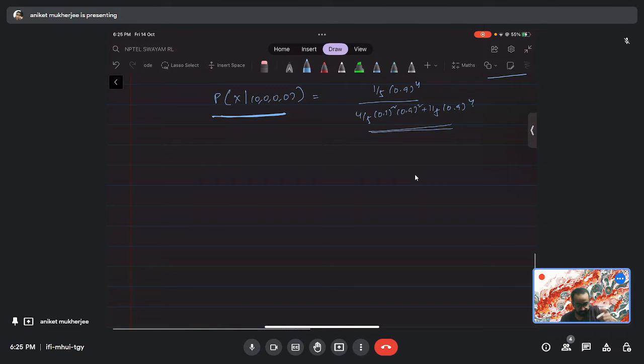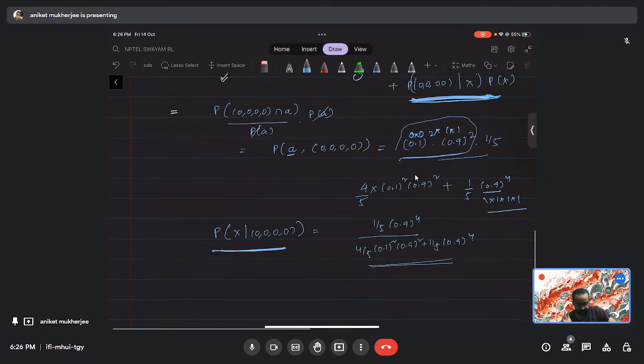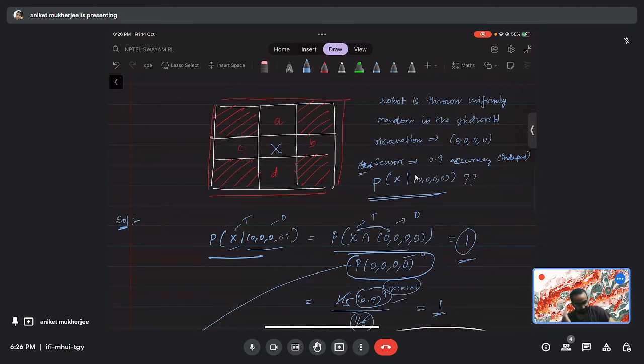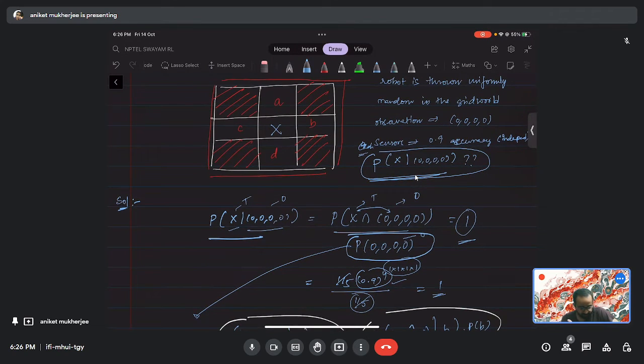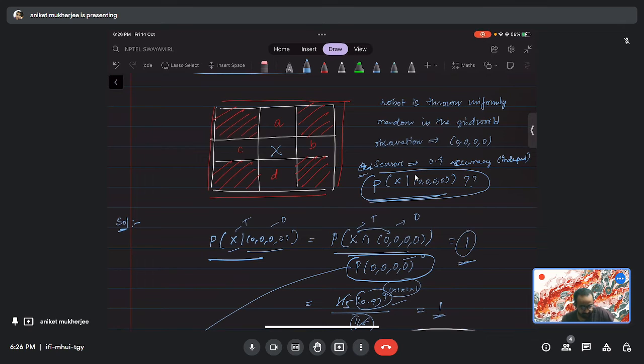Okay, so I think this next question is also in the same problem, but now I want a different problem. It is a bit tricky, but everything remains the same. The whole setup remains the same, the accuracy remains the same.